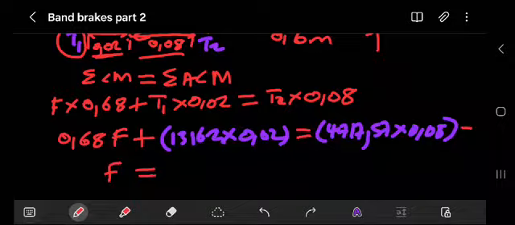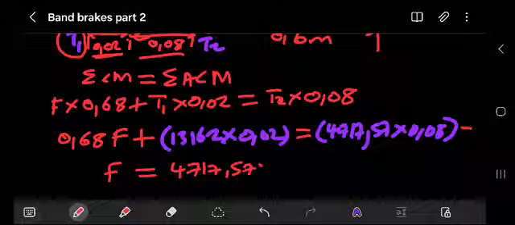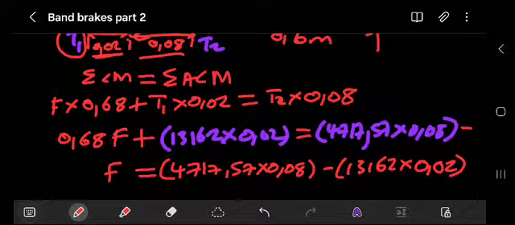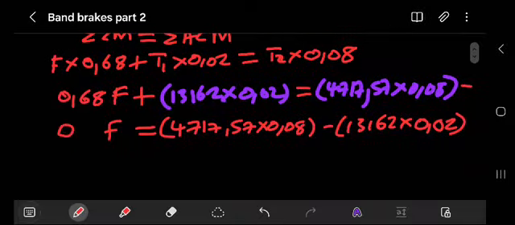Then we'll have 4717.57 multiplied by 0.08 minus 13162 multiplied by 0.02. Remember, we have this here.